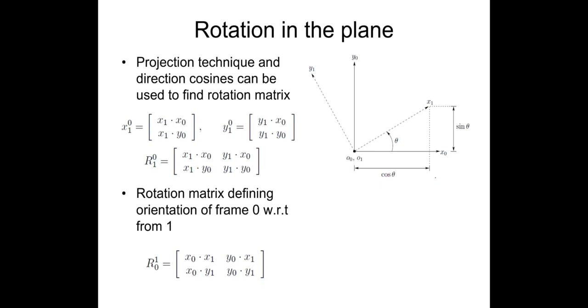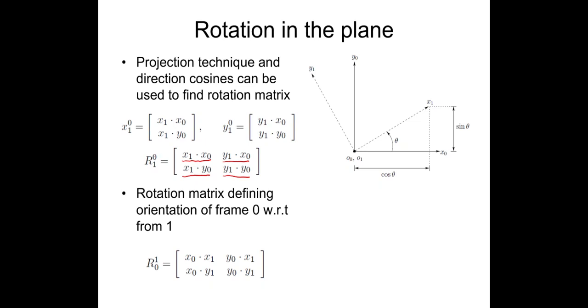So the rotation matrix defines the orientation of frame 1 with regard to frame 0. Now we can see these matrices of dot products, so that finally we have this R10.